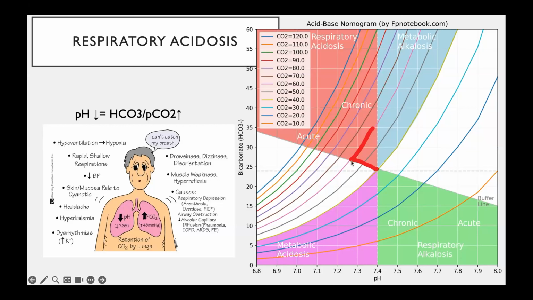Then what will happen? If you don't treat the respiratory function, the carbon dioxide level might persist at the same level, but pH might approach normal. This is the normal pH, 7.4. It will approach the normal level by increasing the bicarbonate.